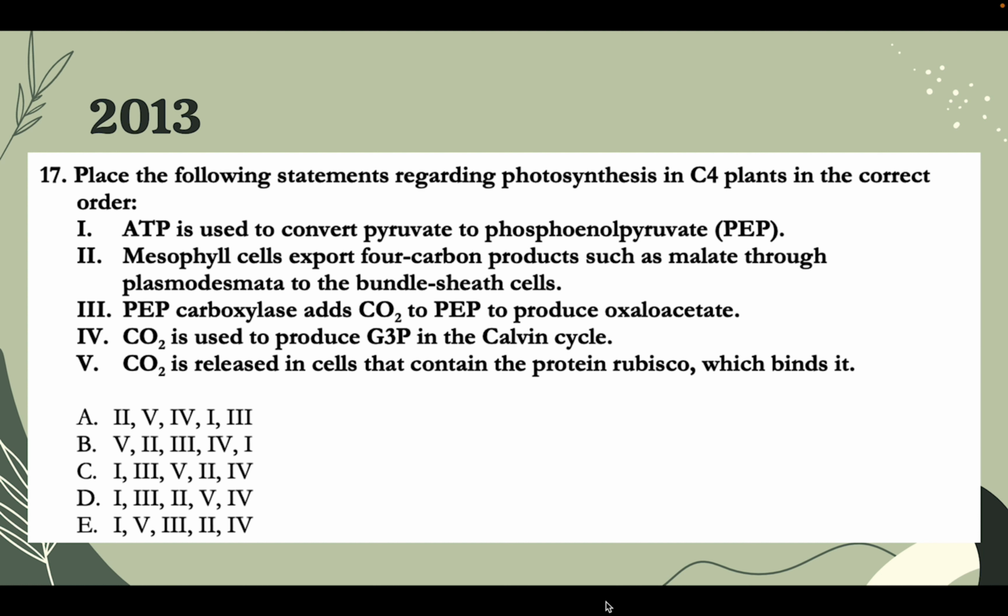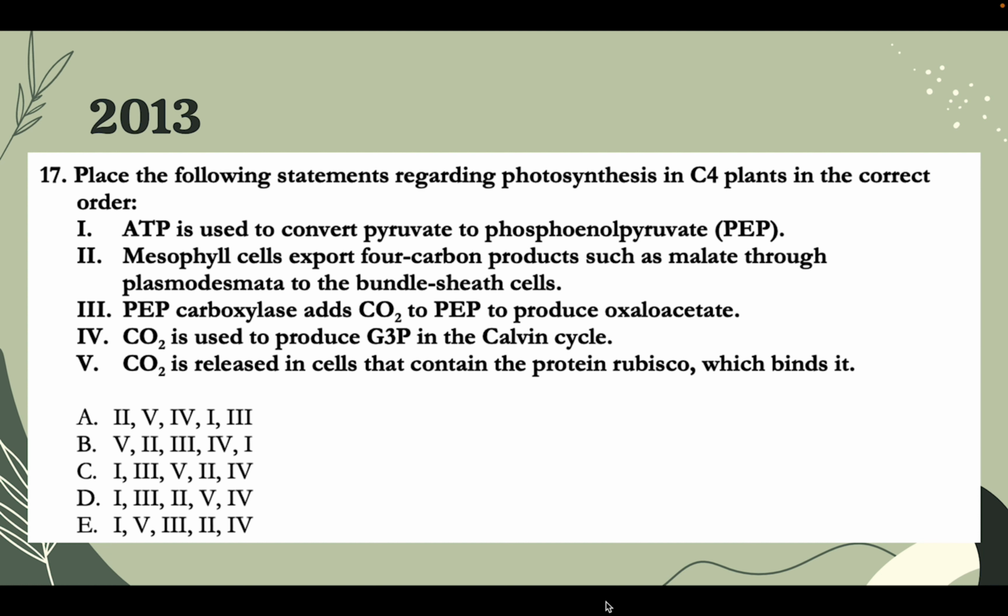Now, the next step is that CO2 is released again in the bundle sheath cells, and then the other thing made is pyruvate. So that looks like number 5. And then next thing is CO2 is put into the carbon cycle in the bundle sheath cells. So that's number 4. And then finally we have number 1 where we're regenerating PEP.